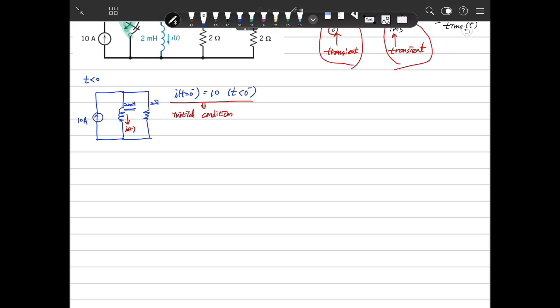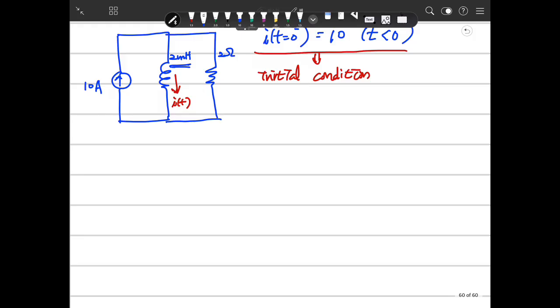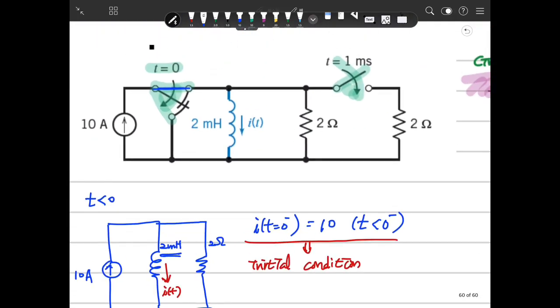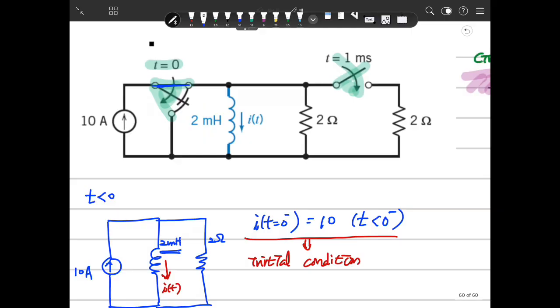Then we need to do this for the next interval. Here we need to figure out the circuit. During this time, the switch is moved here, so there are open circuits, so no current is going through here. This current is not going to the other branch. And this circuit is not closed yet because this is 1 millisecond.